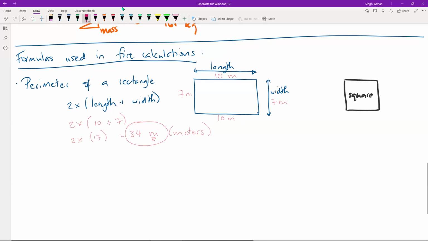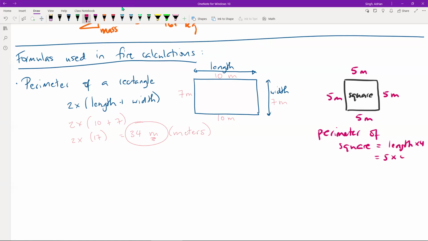So let's say, for example, that this side here was 5 meters. And then in a square, all of the sides are equal to each other: 5, 5, 5. So the perimeter of the square would simply be the length times 4, because they're all the same. So 5 times 4 is going to give me 20 meters as the perimeter. Okay, so perimeter of a rectangle, perimeter of a square.